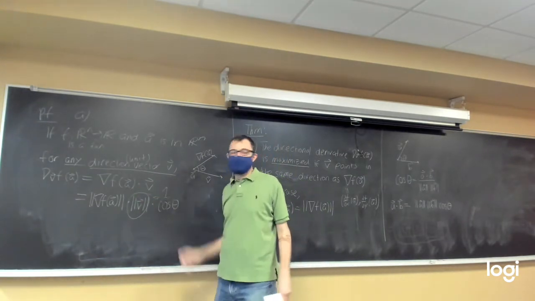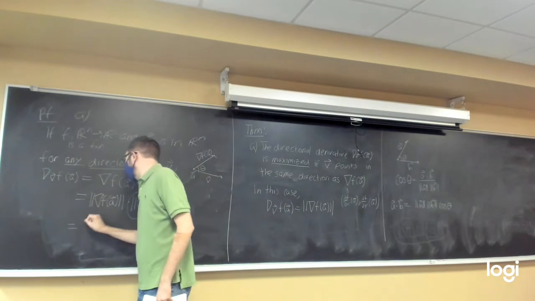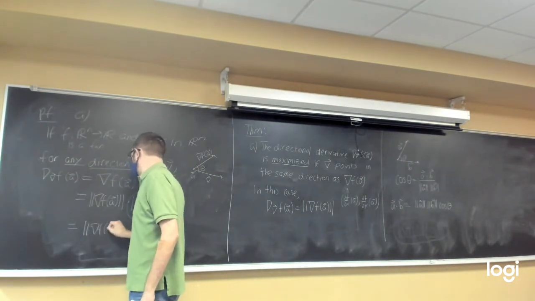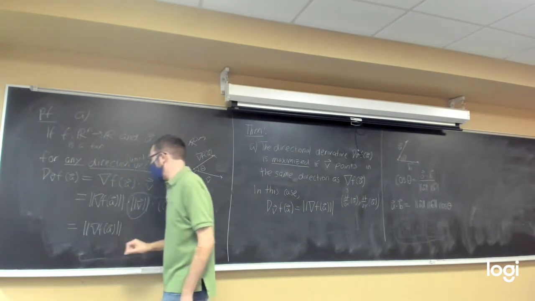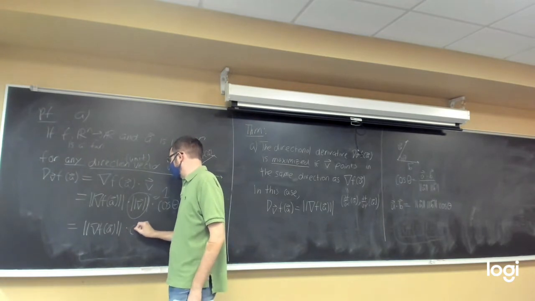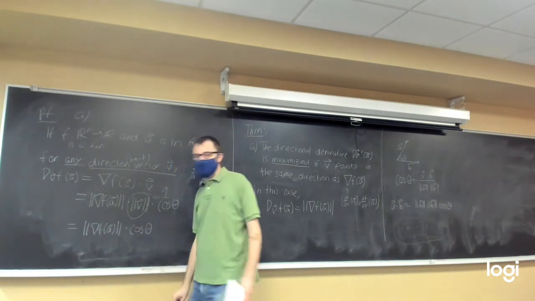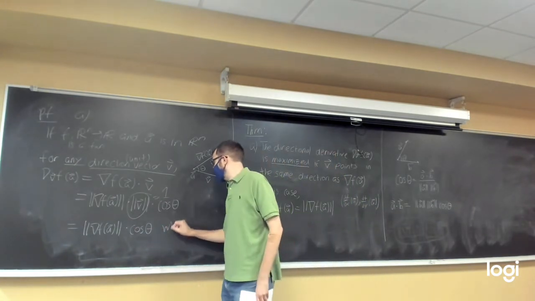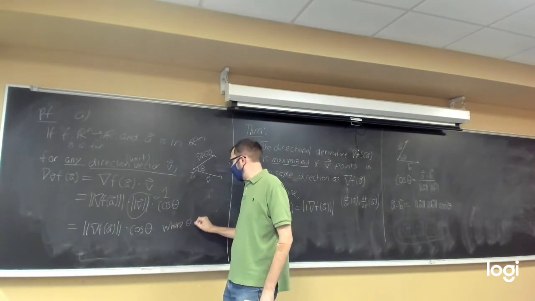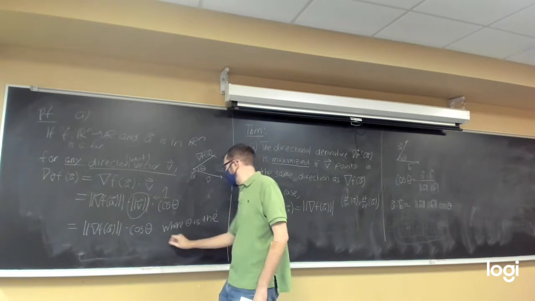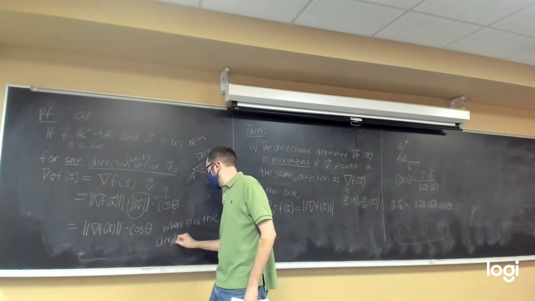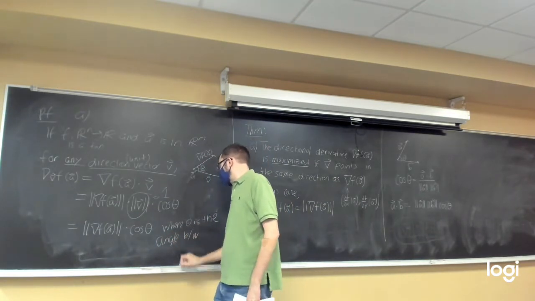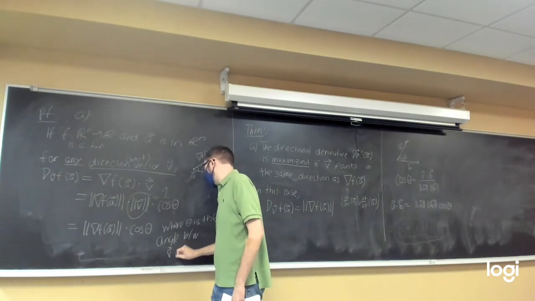So we can simplify this a little bit and just write this as the magnitude of the gradient vector evaluated at A times cosine of theta, where theta is the angle between v and the gradient vector.